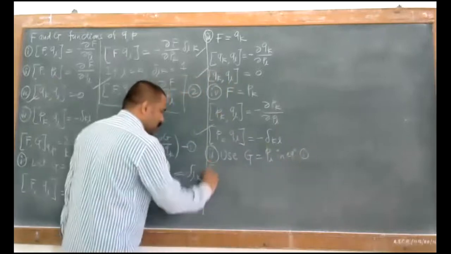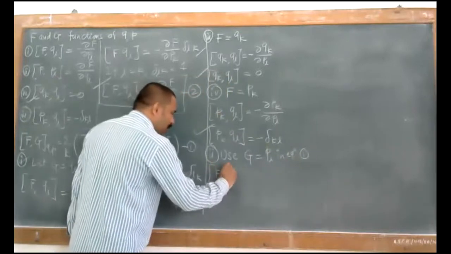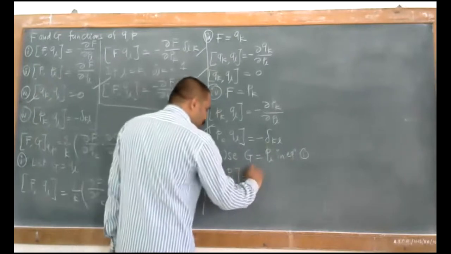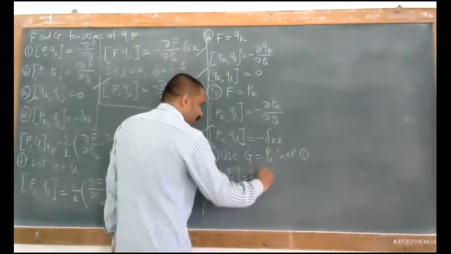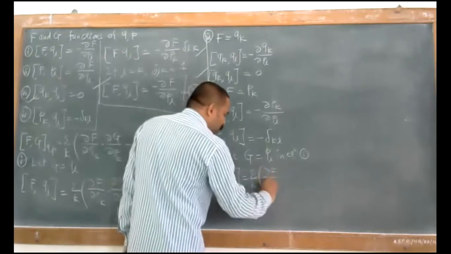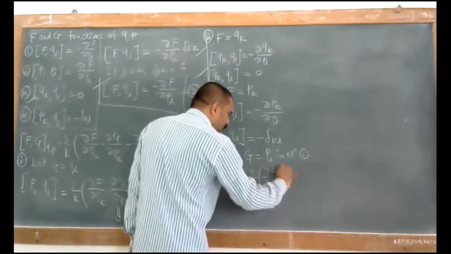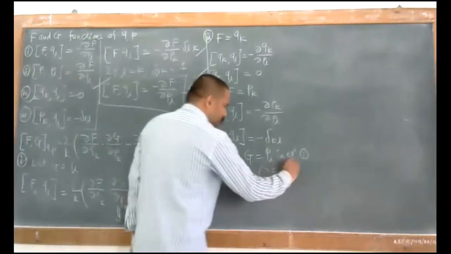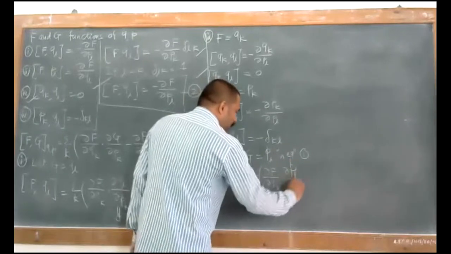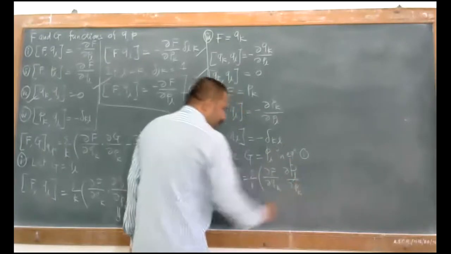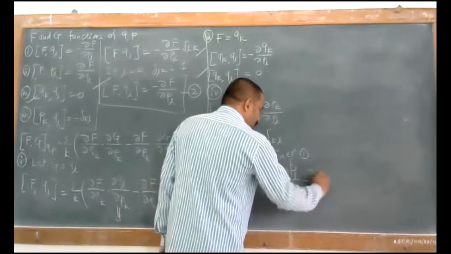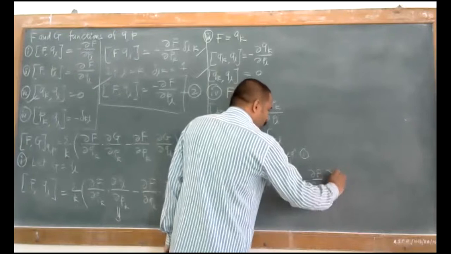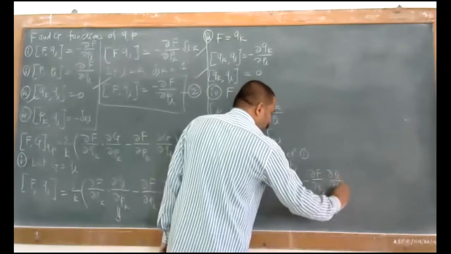So what is our condition now? The Poisson bracket of F, PL is equal to, just check it out, the summation over k of ∂f/∂qk into ∂g/∂pk, where g is equal to PL, minus ∂f/∂pk into ∂PL/∂qk.